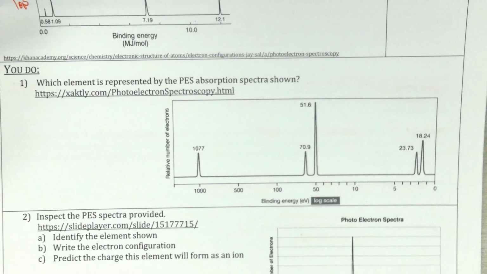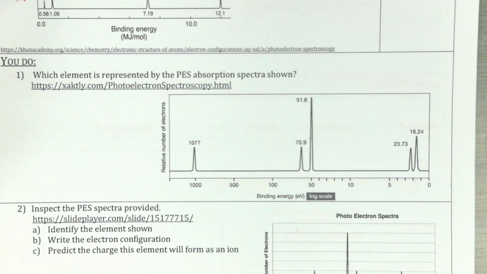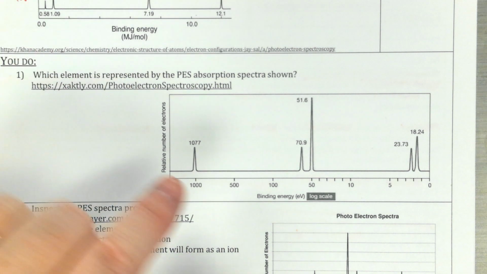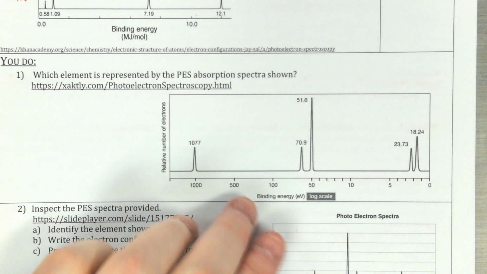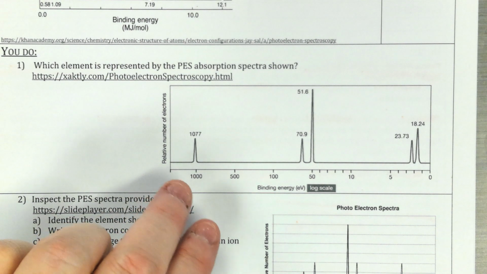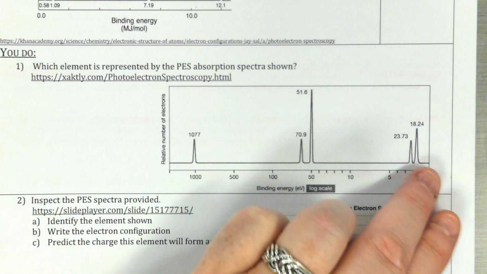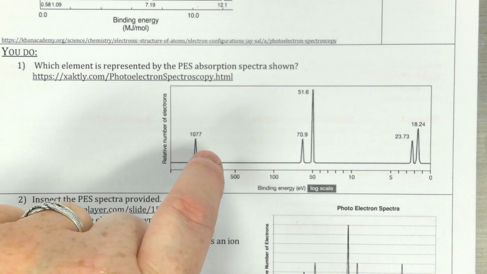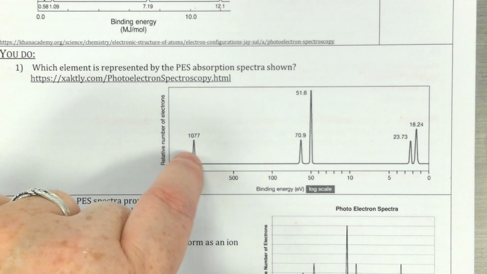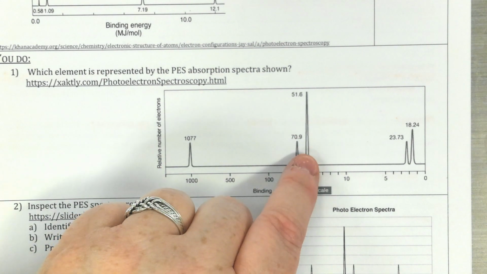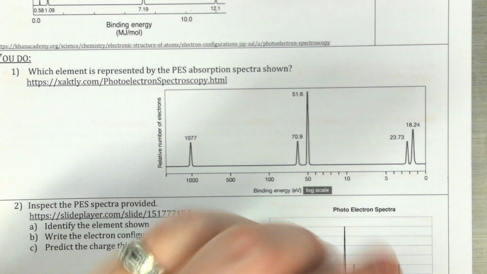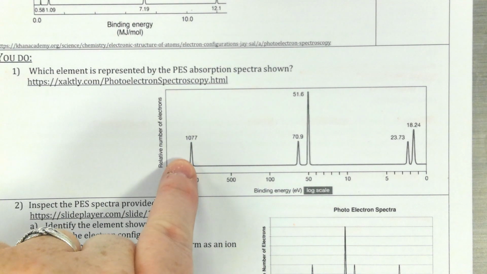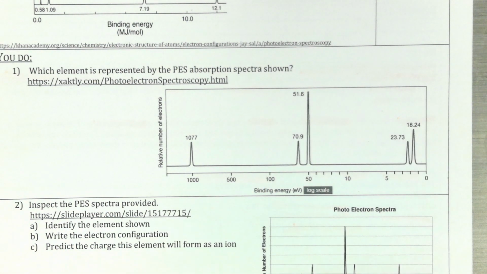Number 1 says which element is represented. Now this one is a single stack. So here on the x-axis, the binding energy is starting from the highest and going to the lowest. So this has the highest binding energy, so this would be closest to the nucleus. So this is your period 1. And when the peaks are together like this, we know those go in the same period. So here's period 1, period 2, and period 3.